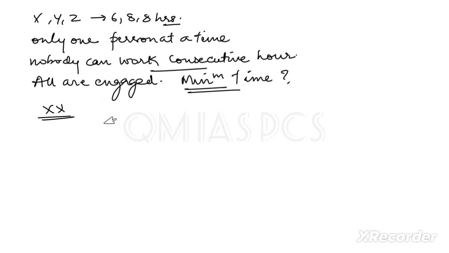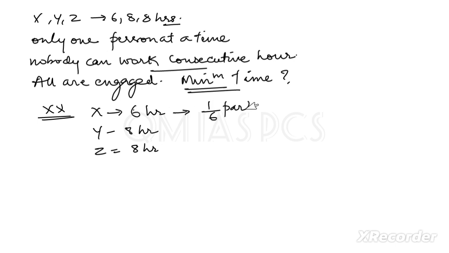First of all, X completes that work in 6 hours, Y takes 8 hours, Z takes 8 hours. So we can find the efficiency of X, Y, Z. It will be 1 by 6: X completes 1 by 6 part in 1 hour.